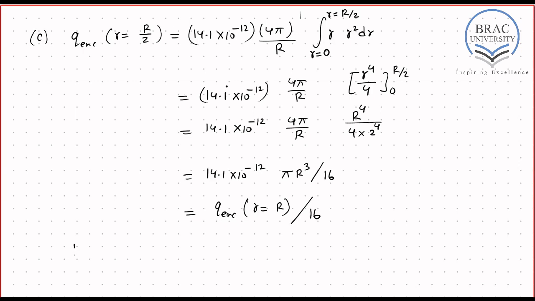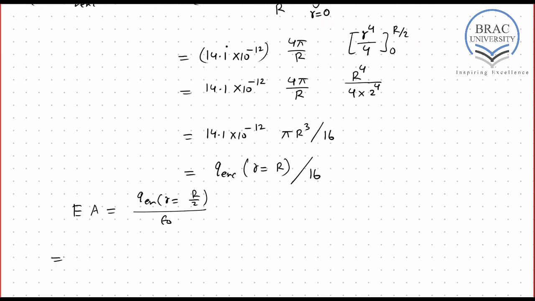Now, what is the electric field? Again, this is very simple. So E times A equals Q enclosed for r equals R by 2 divided by epsilon naught, and this area A now is 4 pi (R by 2) whole squared. Area of the Gaussian surface, not the actual sphere. And here Q enclosed is nothing but Q enclosed at small r equals big R divided by 16.